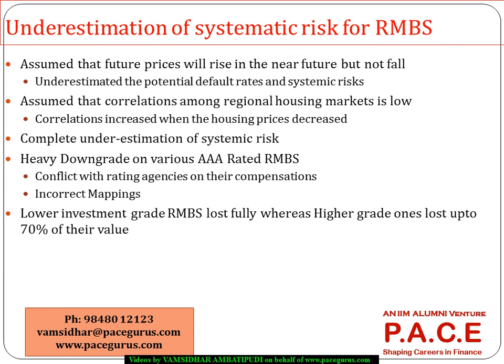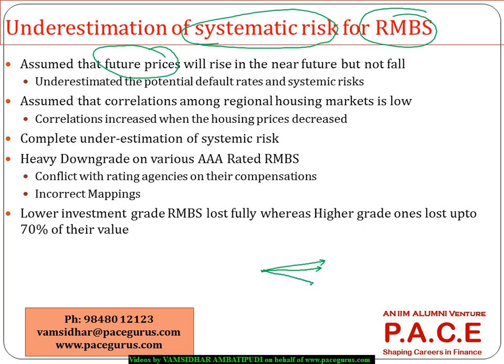Then a similar kind of scenario occurred for residential mortgage backed securities, where the systematic risk was underestimated. The simple thing was, initially it was assumed that in the residential housing market, it is expected that in the future the prices are going to rise, and if they are not going to rise, they may remain stable, but no one expected that they are going to fall.